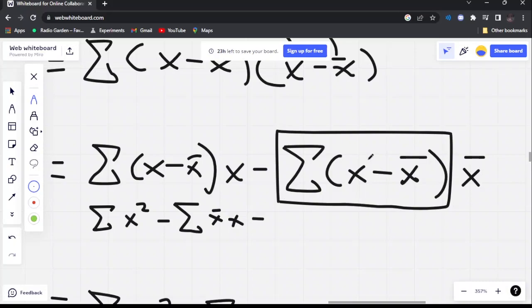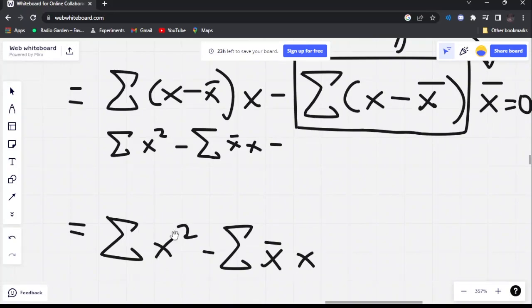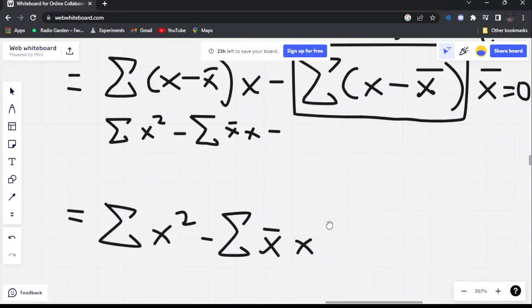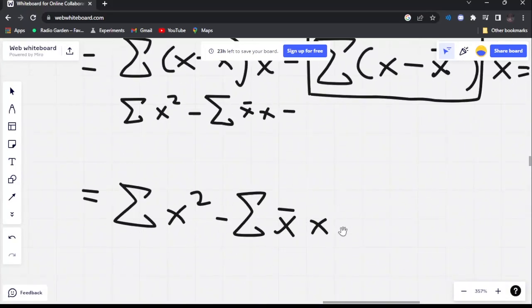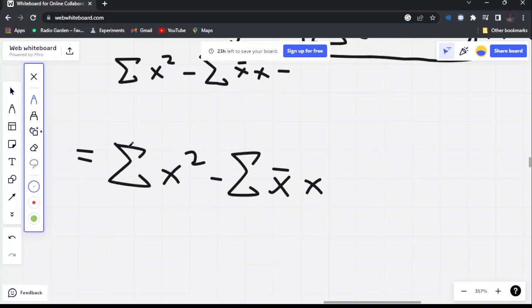And now we know that this term equates to 0, and if we multiply it by x bar, it would be equal to 0. So we are left with the summation of x squared minus summation of x bar times x. Now we are going to rewrite this term right here. So we would copy summation of x squared minus.